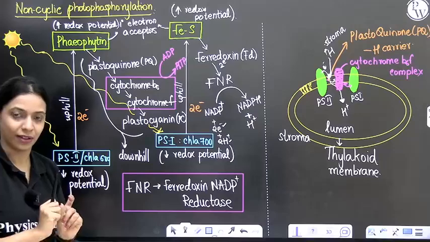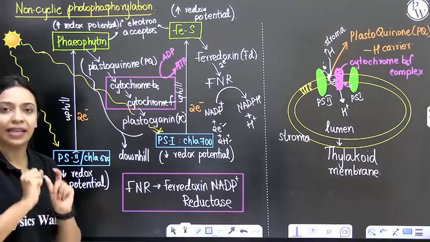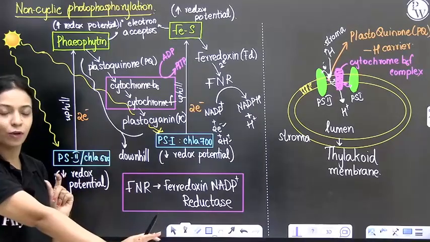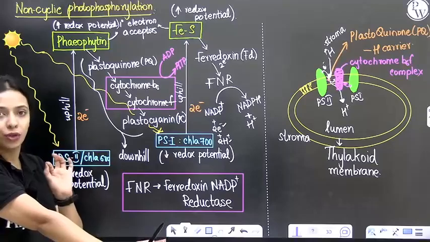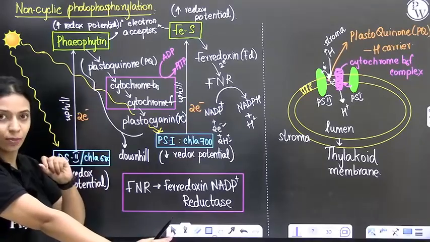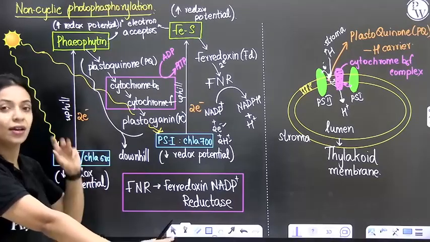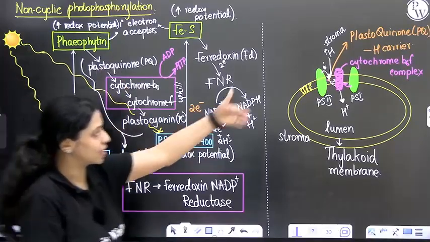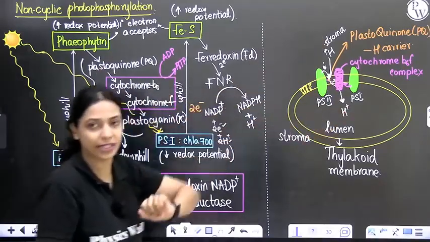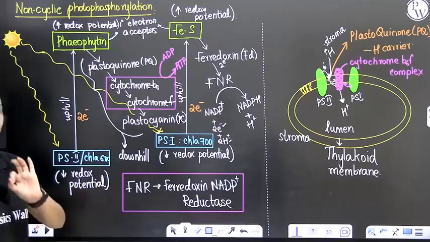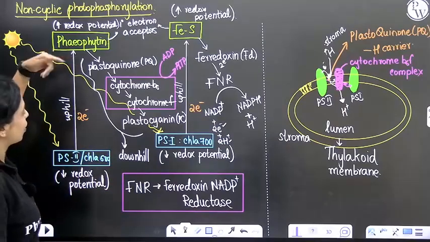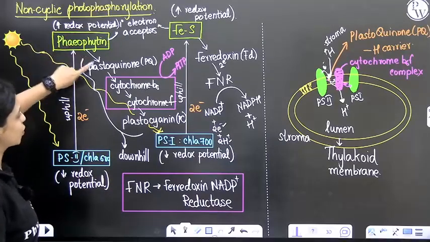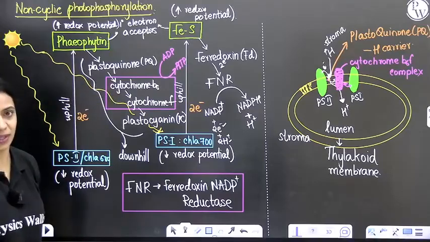Once it passes on the electron to the cytochrome B6F complex, whatever protons it had taken from the stroma, it will not release back into the stroma, it will push them into the lumen. So protons get transferred from the stroma side to the lumen side when electron is transferred from plastoquinone to cytochrome B6F complex.